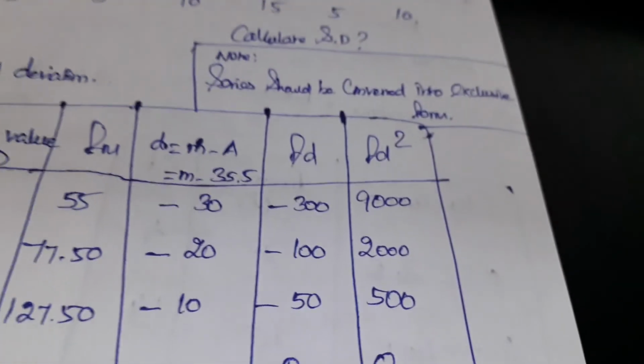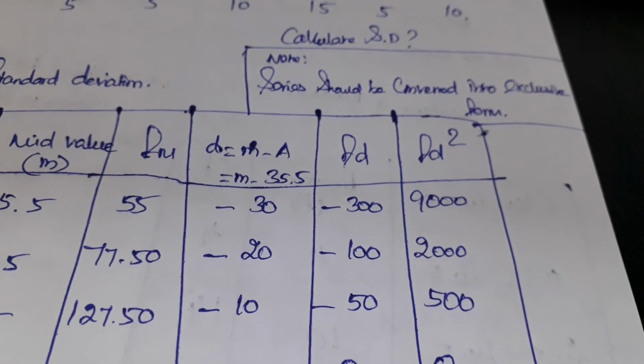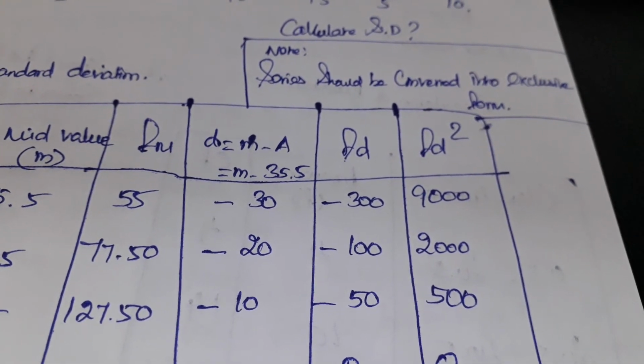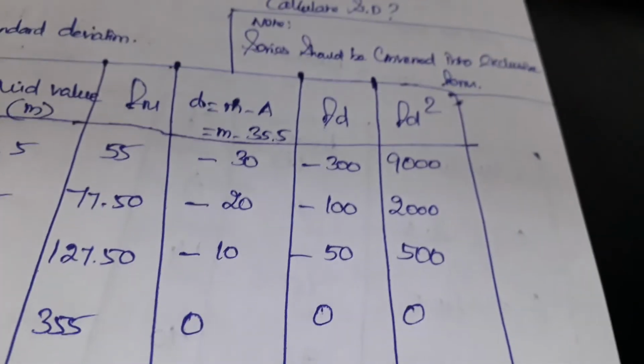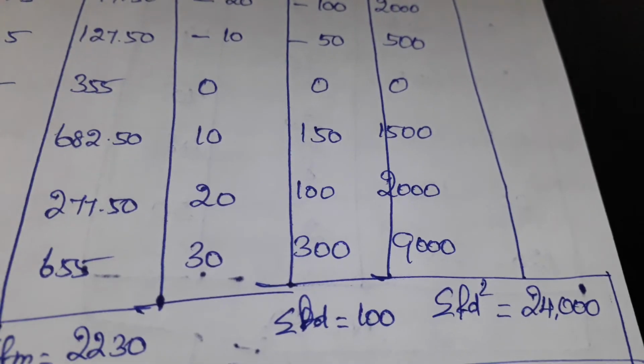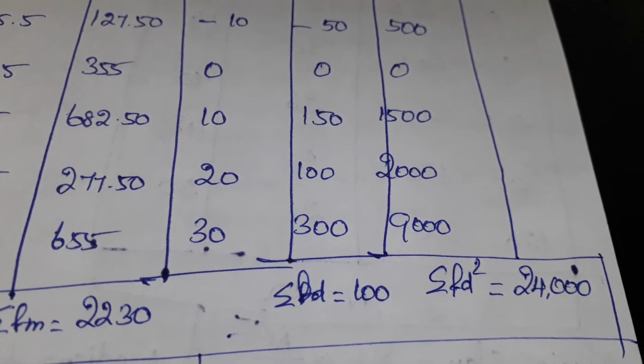Then we need to prepare the fd column. Just multiply the frequency column with the deviation column, and we get the fd column. Then we total them as summation fd, that is 100.